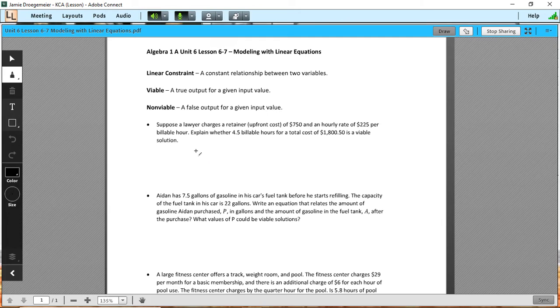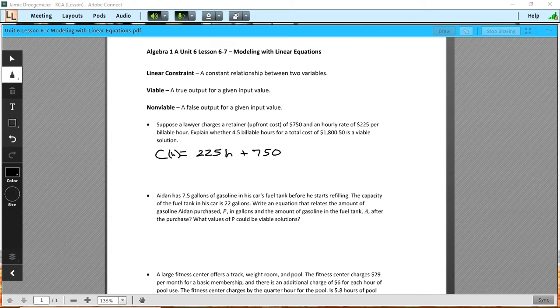If we think about this as an equation, we're taking $225 for every hour, so 225 times the number of hours. We add the 750, and that's giving us the total cost here. So we could say C of H. All right, in our situation here, 4.5 billable hours.